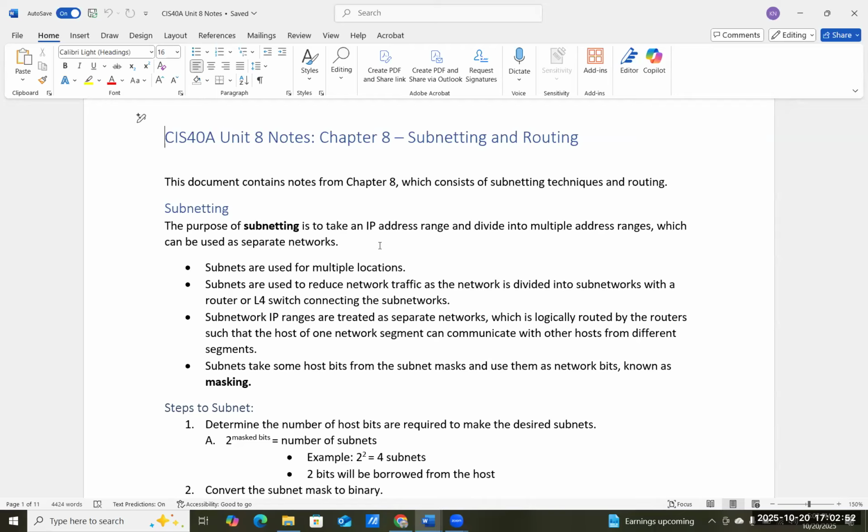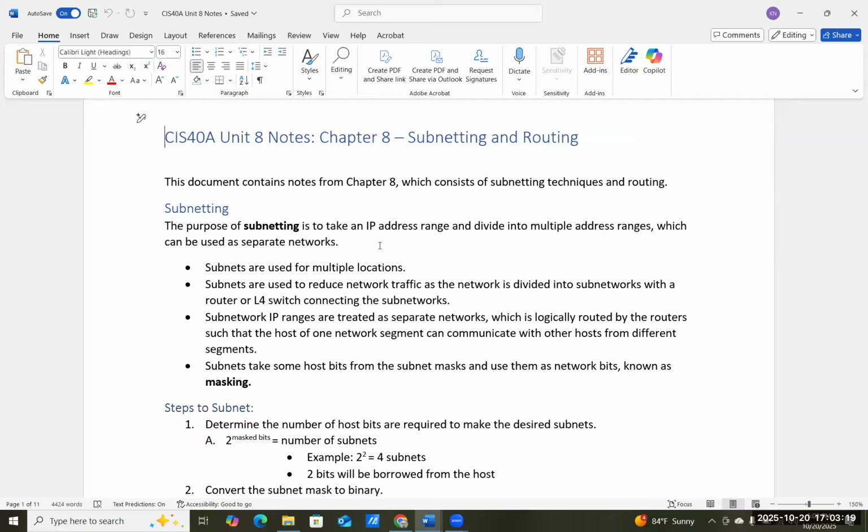So it allows us to implement a range of IP addresses by using some of the host bits. As you know, in an IP address, you have a network ID and a host ID. Depending on the class of IP address that you're using, we would be able to borrow some of the bits into a specific area.